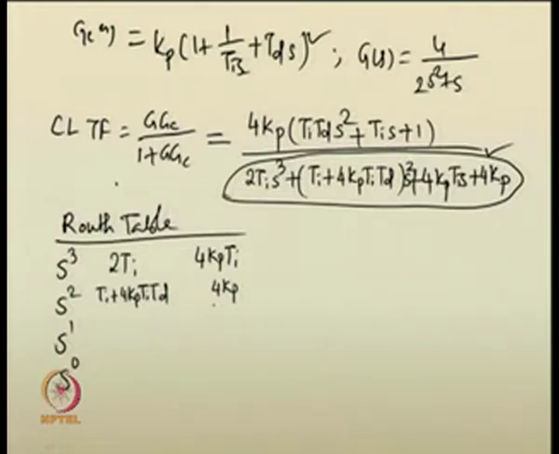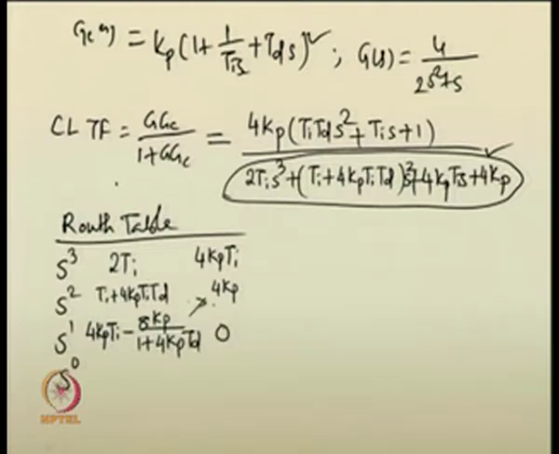Now, the next coefficient can be expressed as 4 Kp Ti minus 8 Kp upon 1 plus 4 Kp Td, and this is 0.